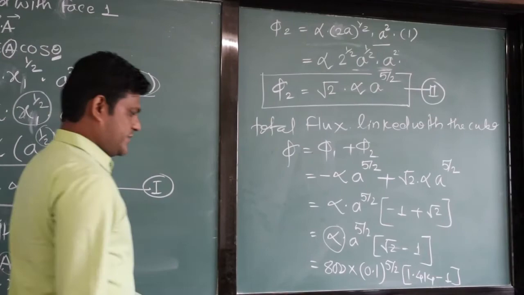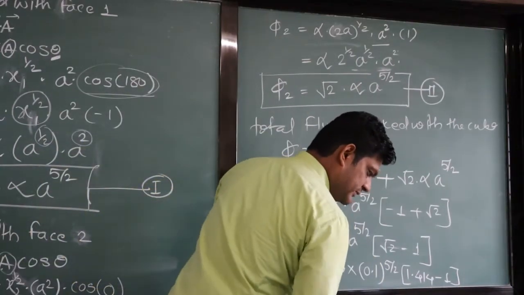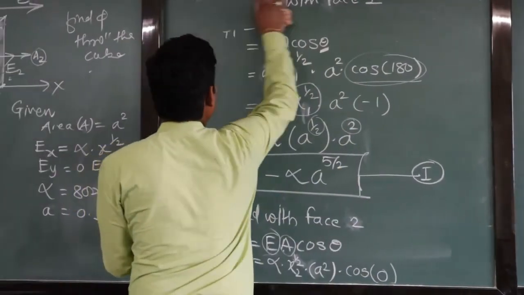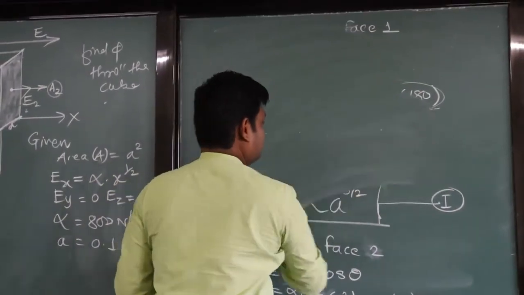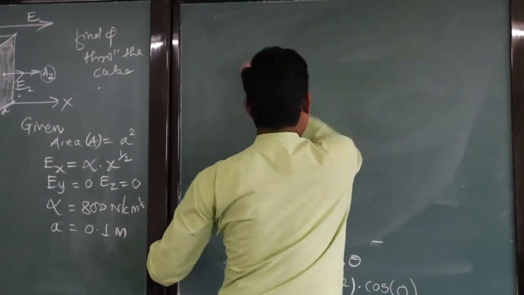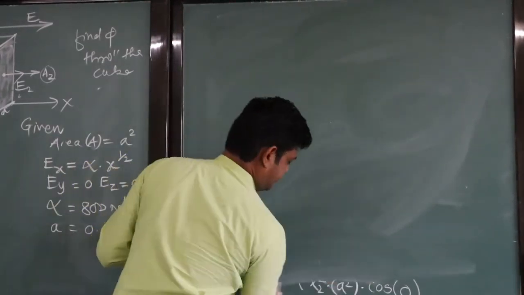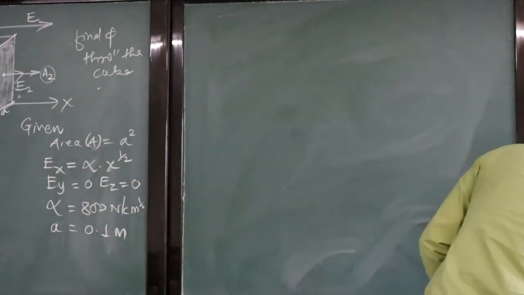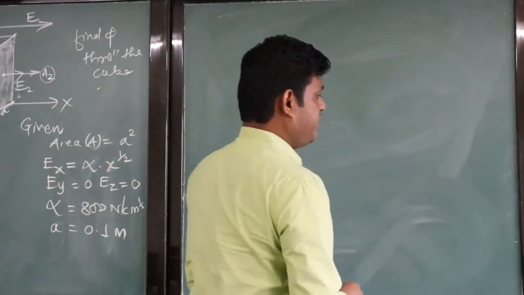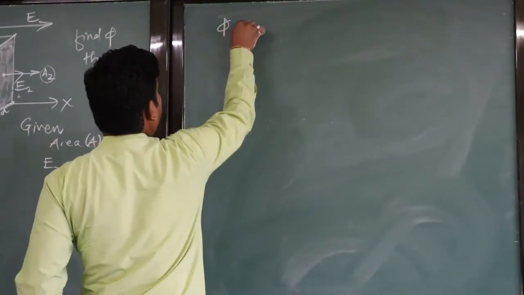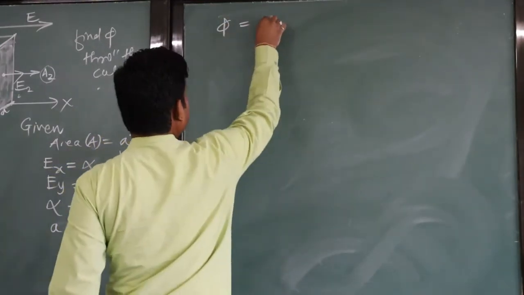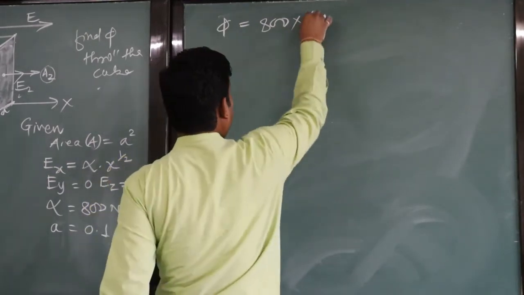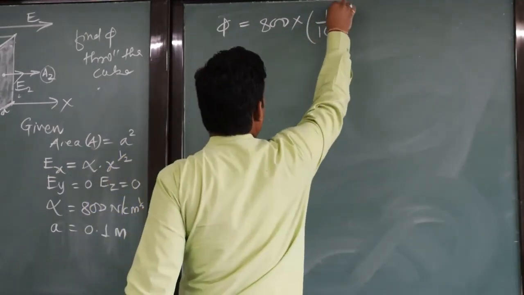Okay. Next step. See the next step. Total flux phi equal to 800 remains as it is. So, 0.1 we can write 1 by 10. 0.1 means what?